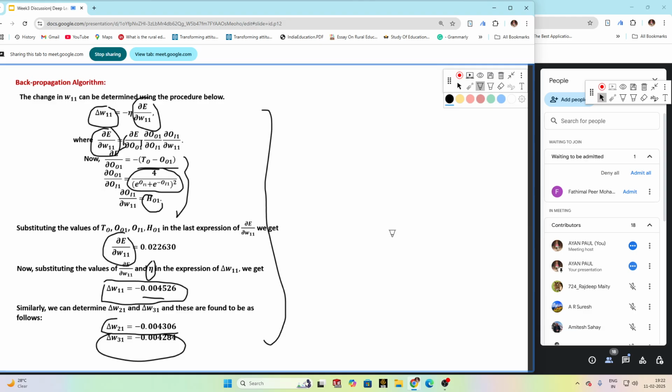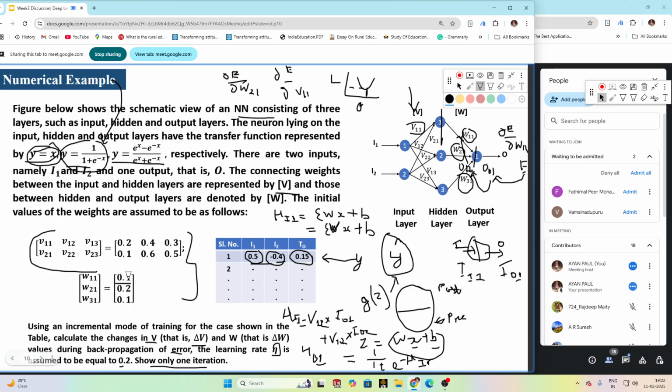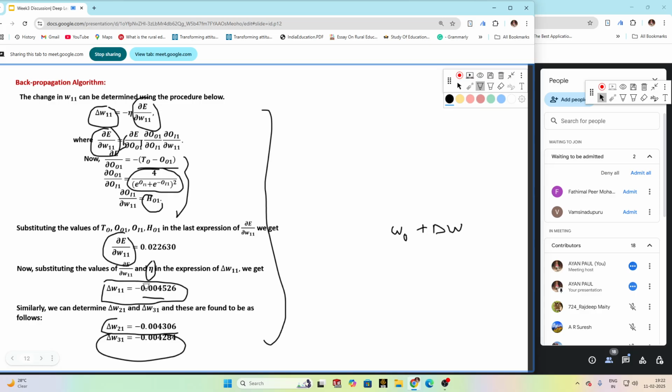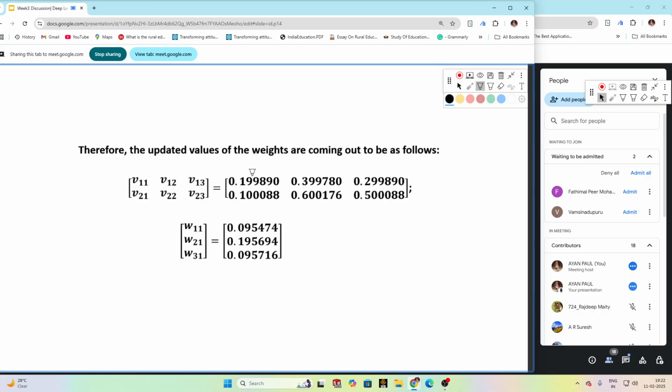So we just have to add it: the previous weight W naught plus del W naught. W naught we already know is 0.1, and we got del W naught that is minus 0.004526. Just add it and you will get 0.095474. Similarly for W21, W31.